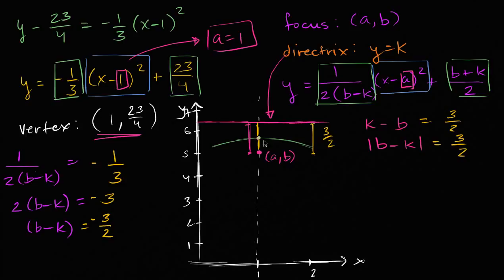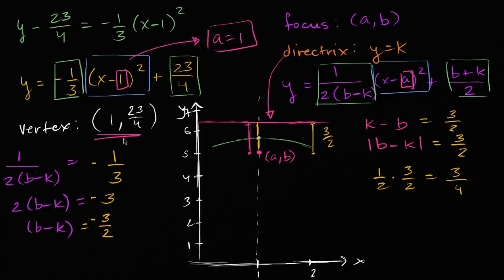The reason I care about half that distance is because then I can calculate where the focus is, because it's going to be half that distance below the vertex, and that same distance above the vertex for the directrix. So half that distance, 1/2 times 3/2, is equal to 3/4. So just like that, we're able to figure out the directrix is going to be 3/4 above this.